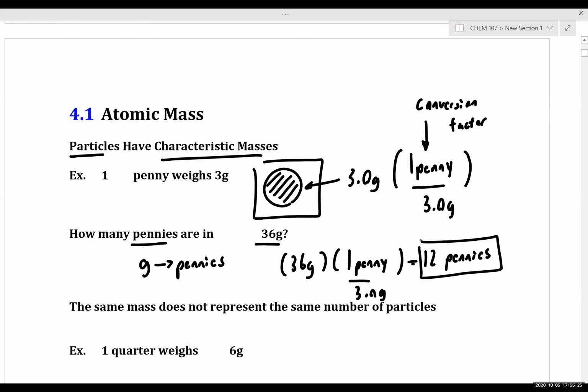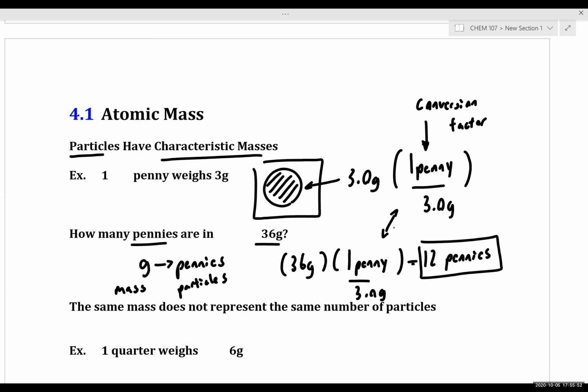So in effect, we have gone from a unit of mass to a unit describing particles or the amounts of objects, right? We've gone from grams to pennies using our conversion factor. Does that make sense to everyone? This idea that particles have a characteristic mass.